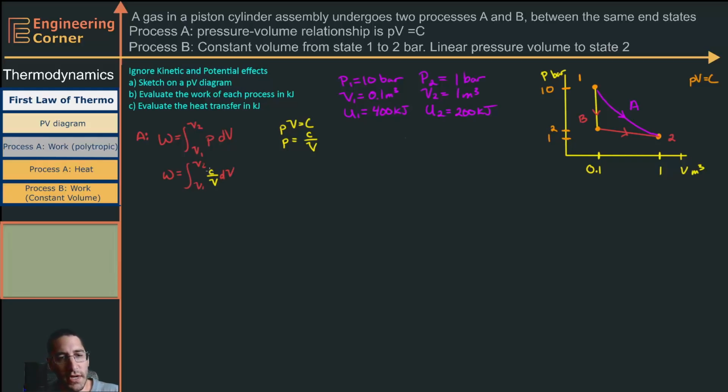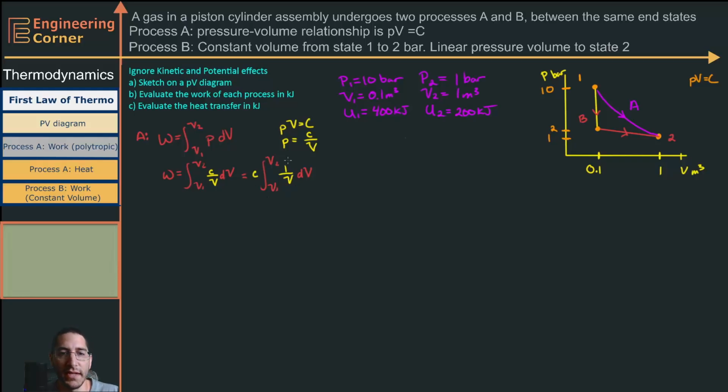One other change I can make, because this is a constant, I can just bring it outside the integral. If I do that, I get work is equal to this constant C times the integral from V2 to V1 of 1 over V dV. So now this is an easy integral to take.